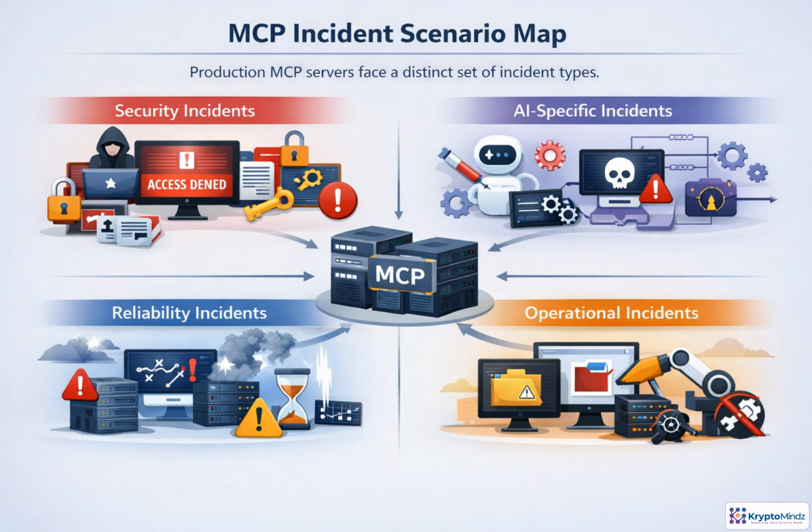Reliability incidents appear when dependencies fail, timeouts cascade, retries amplify load, or rate limits break user flows. Operational incidents are the human and change management side: accidental deletion, bad deployments, misconfigured policies, or compatibility breaks. This classification helps responders choose the right first move: contain, neutralize, stabilize, or roll back.